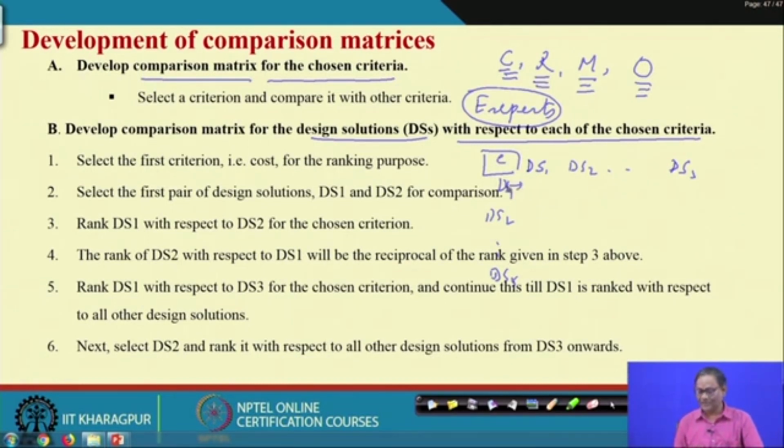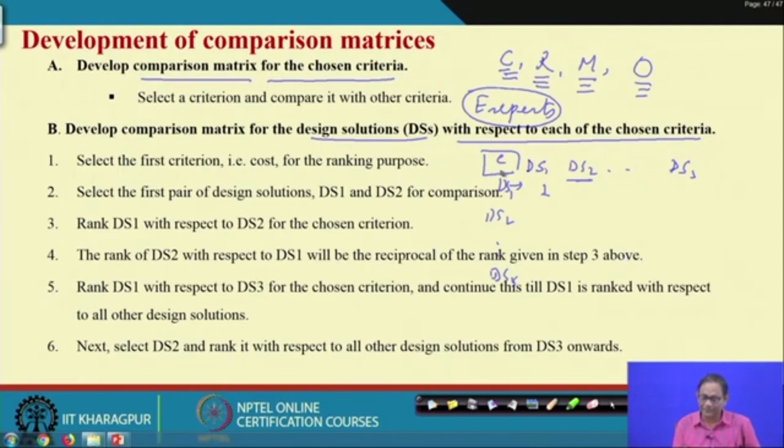DS1 with reference to DS1, the comparison will definitely be 1, but with reference to DS1 and DS2, if I consider that cost is important, then what is the comparison? Is DS1 3 times better than DS2 in terms of cost, or is it the other way around? That way you have to develop the comparison matrix.